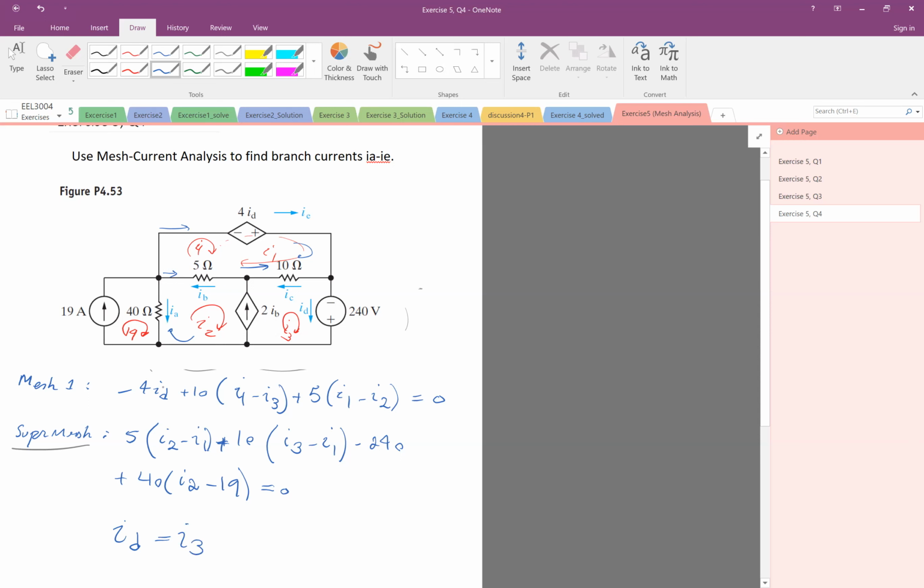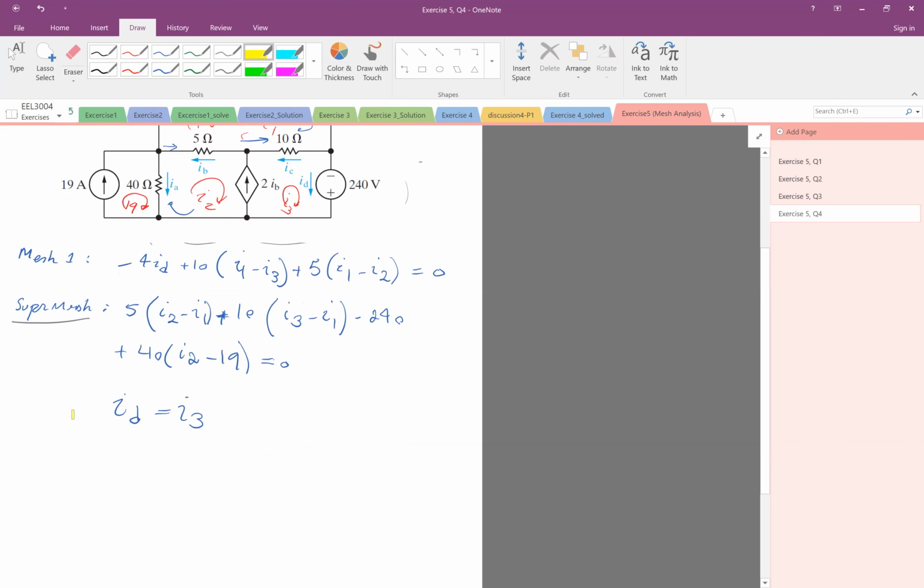Okay, so I can clarify that. And also on this current source, the value is 2IB, which is equal to I3 minus I2. So these are the added equations that we have. One is this.